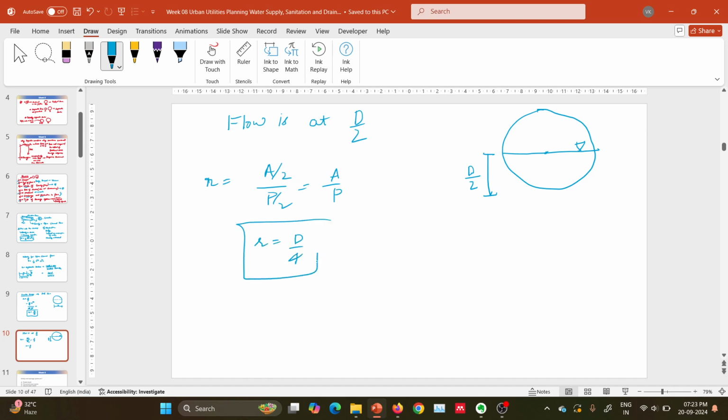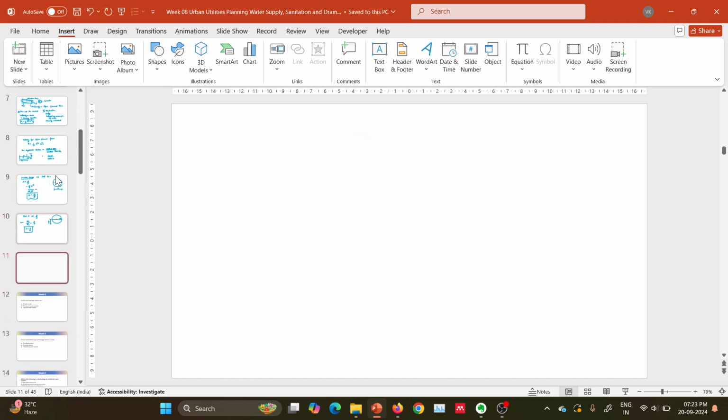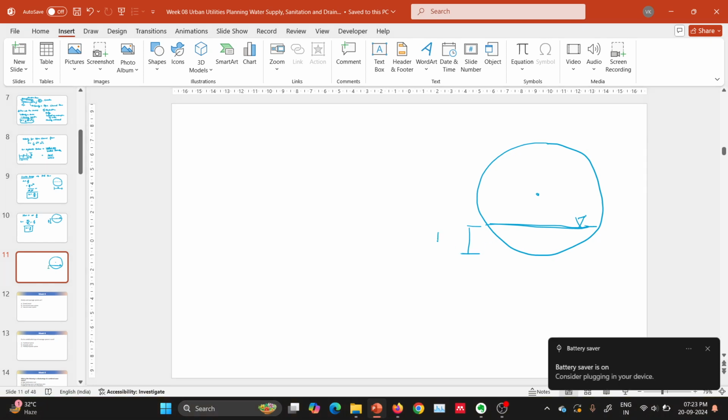But in other cases we need to have this. Suppose the depth is less, let's take an example, it's d by 3, we need to have this angle. This is theta, I'm taking it as theta by 2.